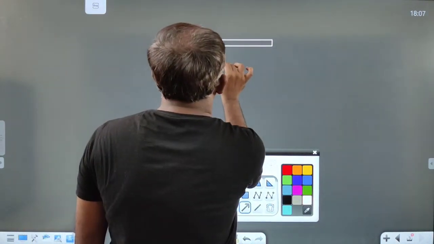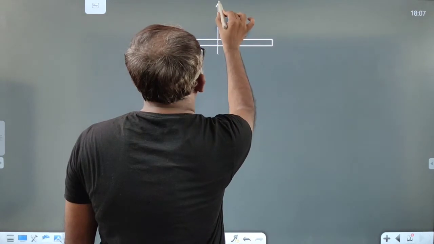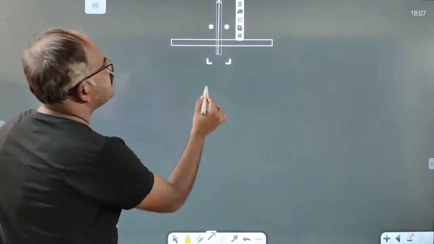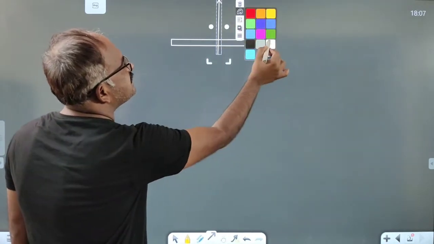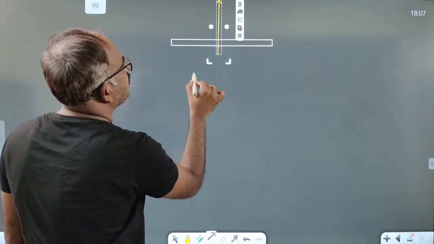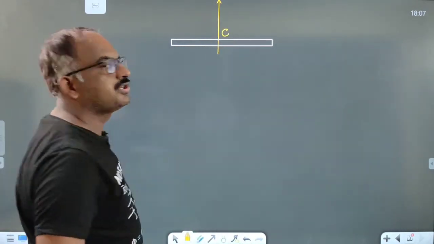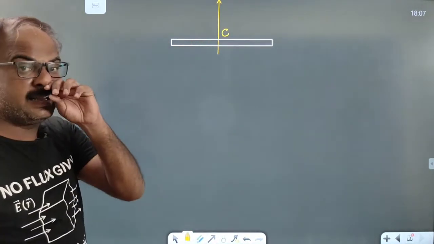This is an axis passing through its center. मी याला पॉइंट C म्हणतो. ही व्हॅल्यू आपल्याला दिलेली असणार आहे.